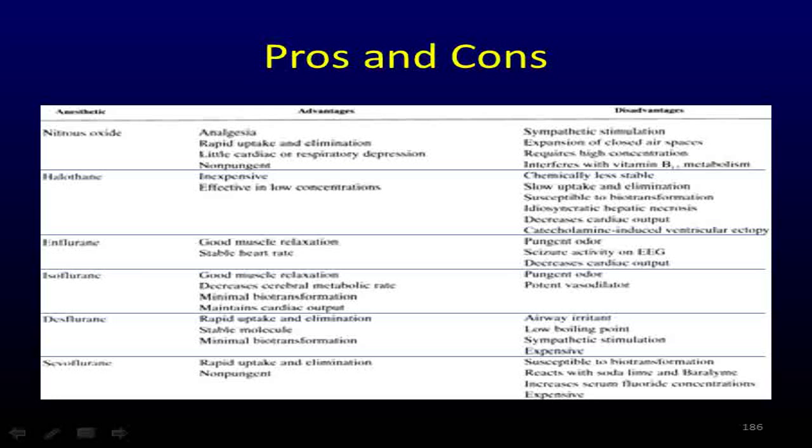So if I'm at 600 millimeters of mercury at altitude, my atmospheric pressure has changed. It's reduced, right? I'm going to add a percentage to the atmospheric pressure. That's what the vaporizers do. So 1% isoflurane at sea level is not the same as 1% isoflurane at altitude.